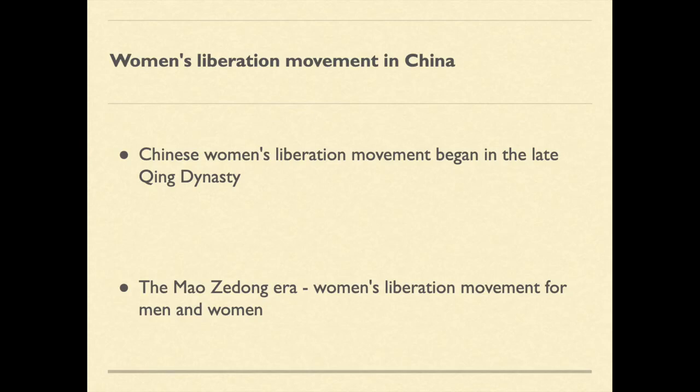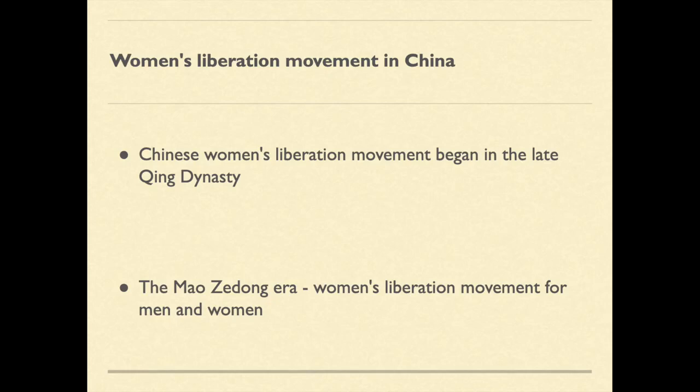But for these people, the women's liberation movement was part of the Enlightenment and nationalist movement, still centered on men, and Wang Qi calls it a male feminism, which is different from the state feminism in the Republic of China after 1949.